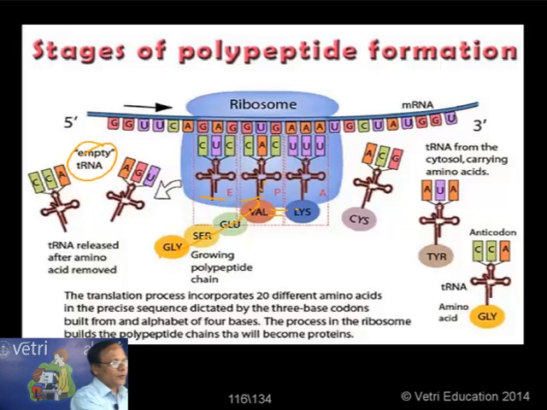So, the arrival of the amino acid tRNA, and then there is bonding between the last amino acid in the polypeptide chain of this tRNA and the amino acid of this one. So a peptide bond is formed. Once the peptide bond is formed, the breakage occurs.